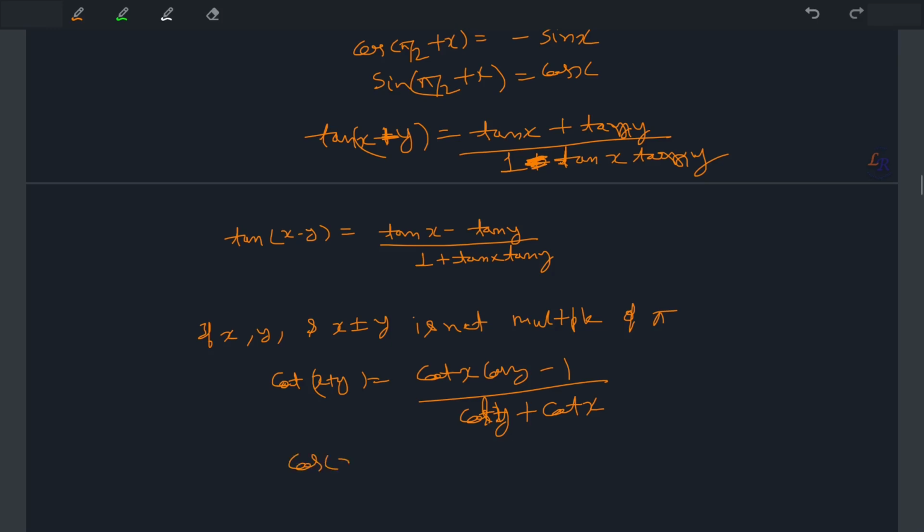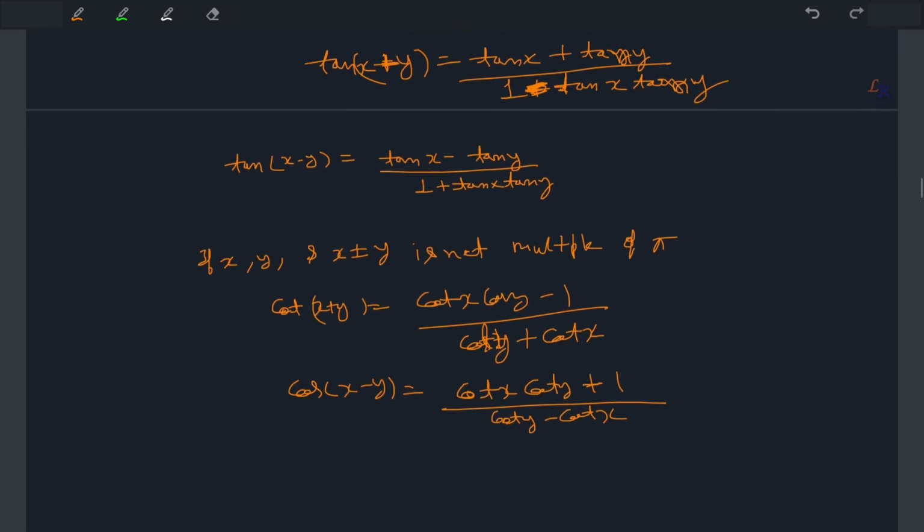Similarly, for cot x minus y, you can write cot x cot y plus 1, since minus minus becomes plus here, and then here it is cot y minus cot x. So there is very good symmetry, it is easier to remember.